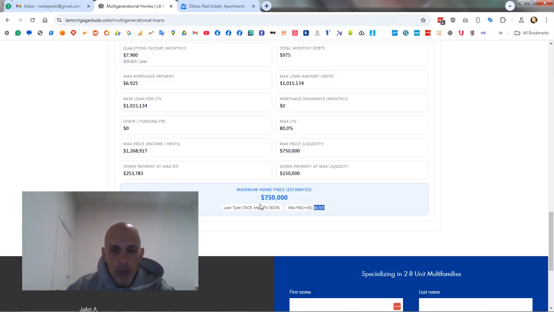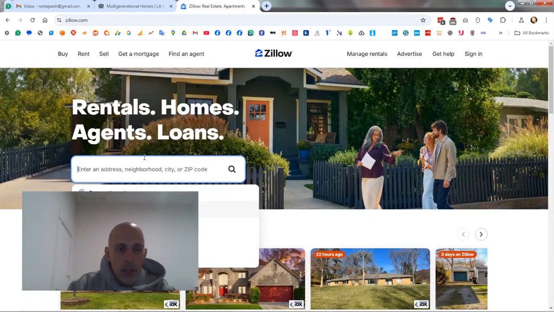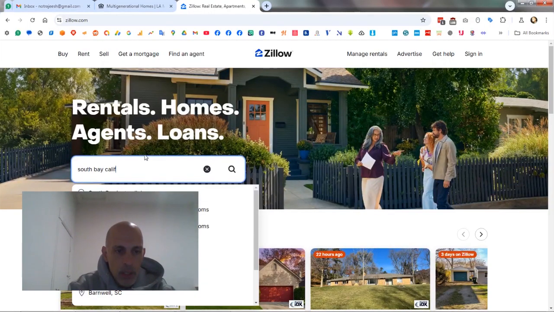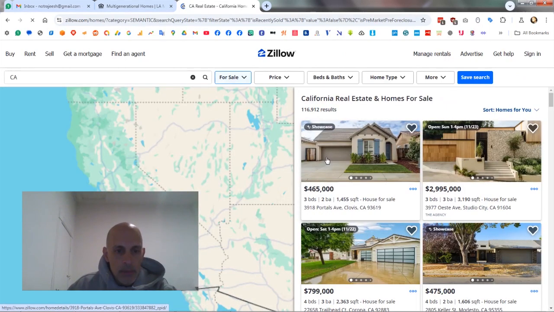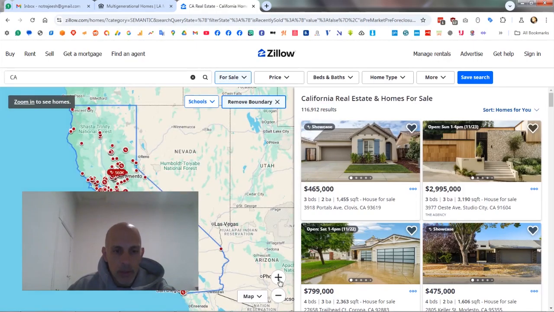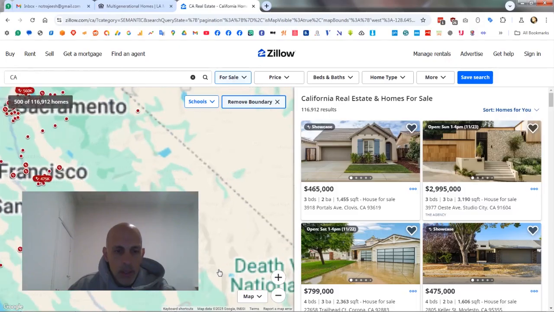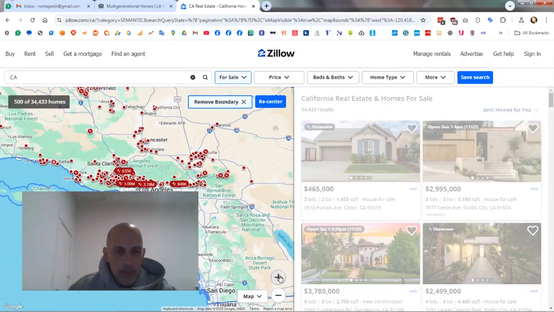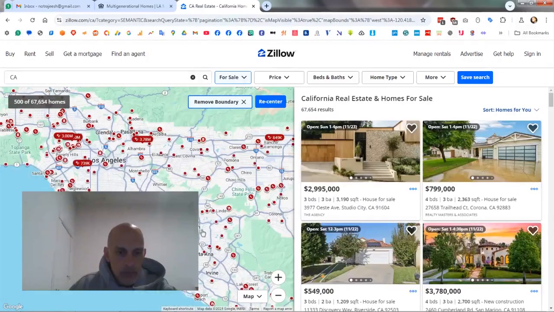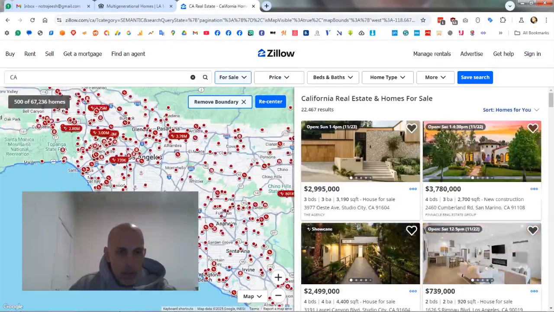principal and interest payments. So now we can go to Zillow and let's see here, South Bay, California. Let's see if this pulls up as a result. So we're roughly here.